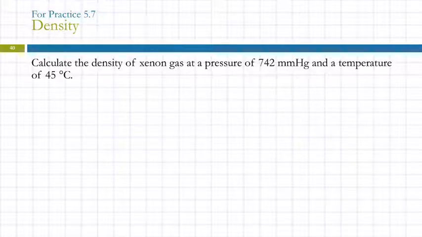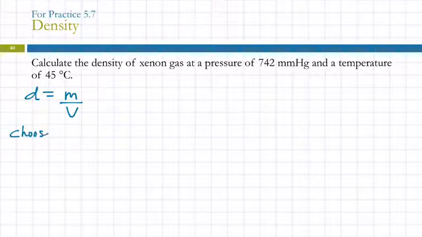Okay, I've already learned the density equation, right? Density equals mass divided by volume. So I need the mass of this gas and I need its volume, but they don't tell me how much gas. So what I'm going to do is I'm going to choose 1 mole of gas because it makes the calculations easier.